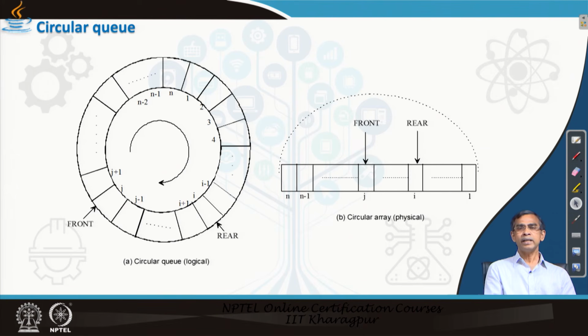The queue is empty if rear and front are both, say, -1. Otherwise the queue contains some elements, and the number of elements is decided by simple arithmetic between the rear and front pointers. That is the circular queue concept.